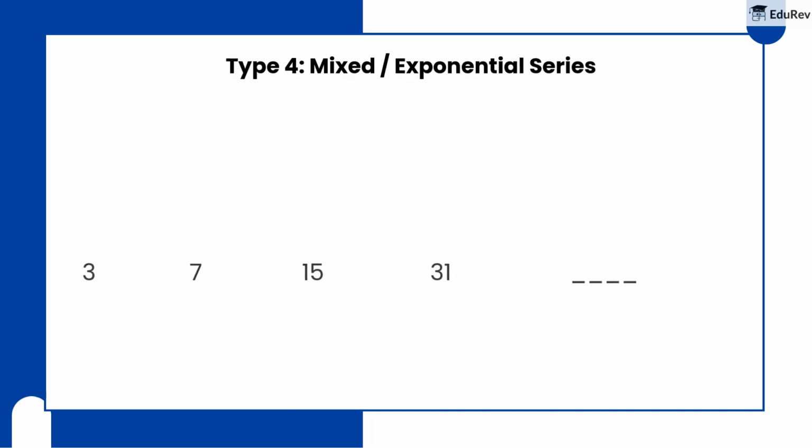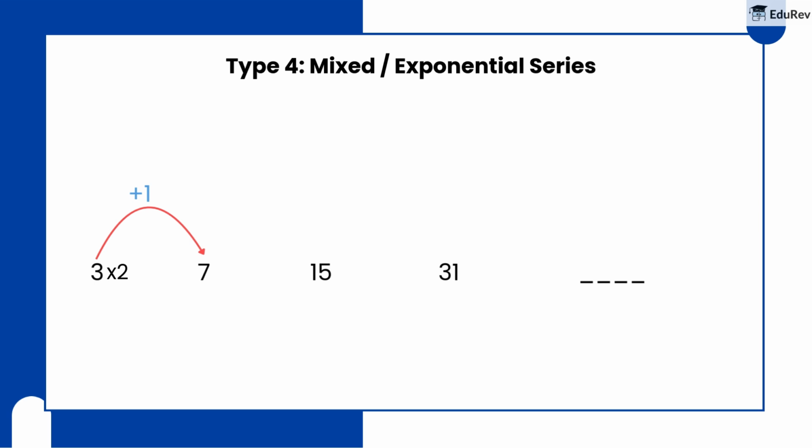There is another, often faster way to see this pattern. Instead of just looking at the difference, look at the multiplicative relationship. How do you get from 3 to 7? 3 multiplied by 2 equals 6. That's close. 6 plus 1 equals 7. Let's test this rule.